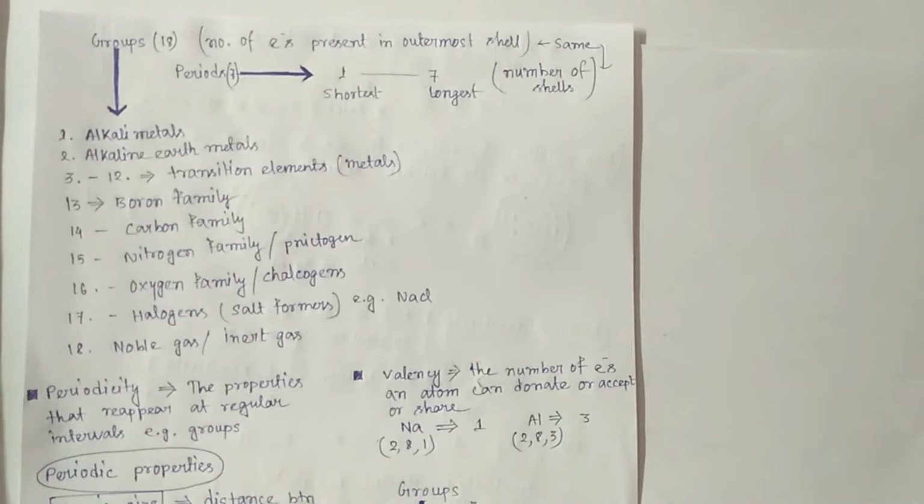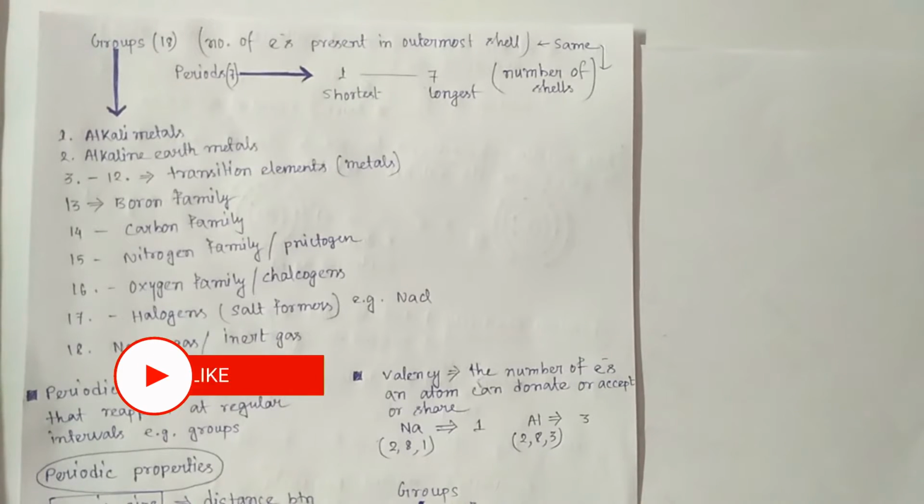The modern periodic table came after a long research, which was introduced by Mendeleev. He gave the first periodic table of elements based on his law, which says that the properties of elements are the periodic functions of their atomic masses.